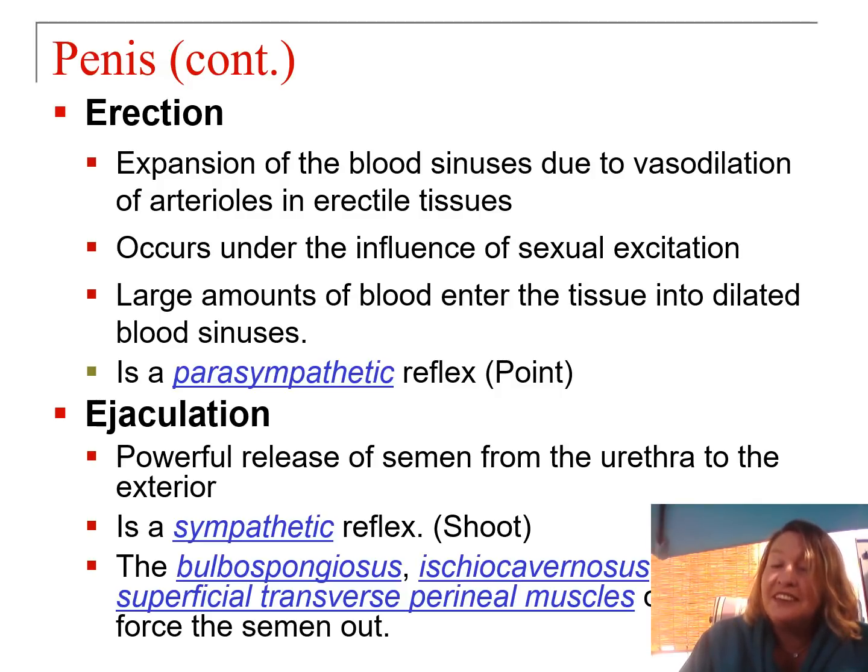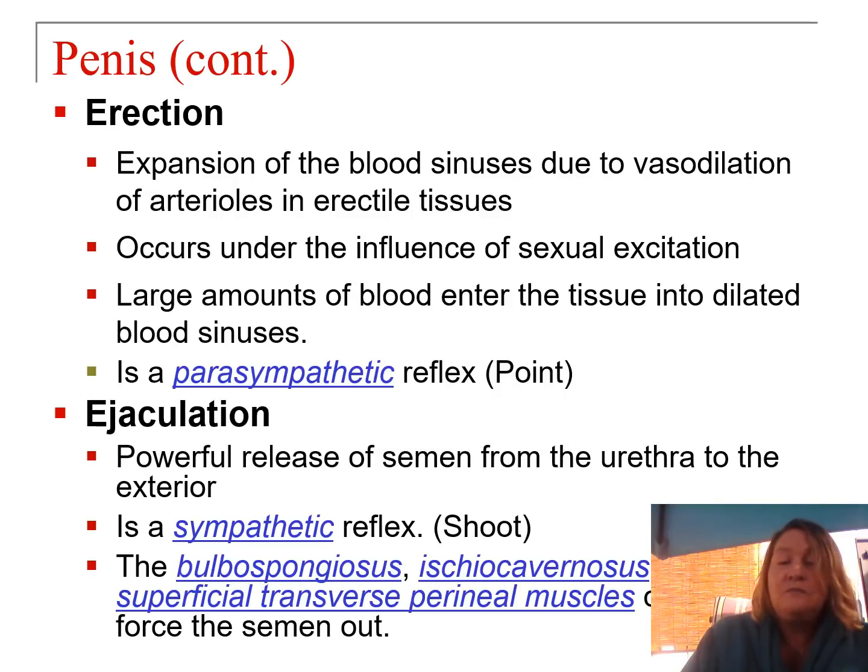This is a sympathetic reflex. So we always said shoot. So you have point for parasympathetic and shoot for sympathetic, and you get the gist of how that mnemonic works.